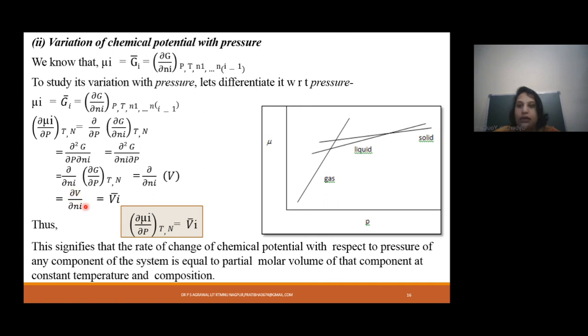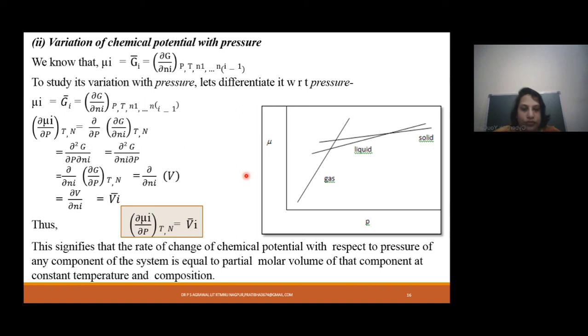That means partial molar volume, Vi bar. So we can conclude that del mu i by del P is nothing but Vi bar. This signifies that the rate of change of chemical potential with respect to pressure of any component is equal to the partial molar volume at constant temperature and composition.